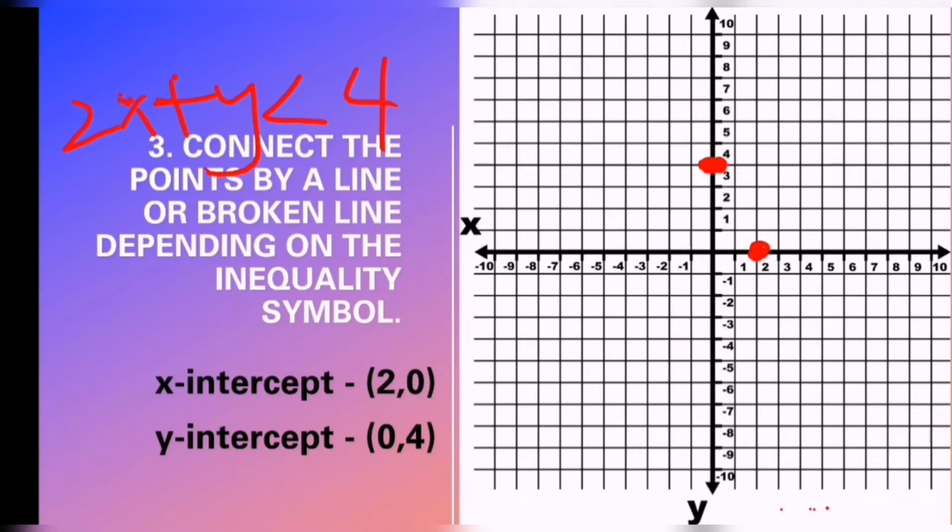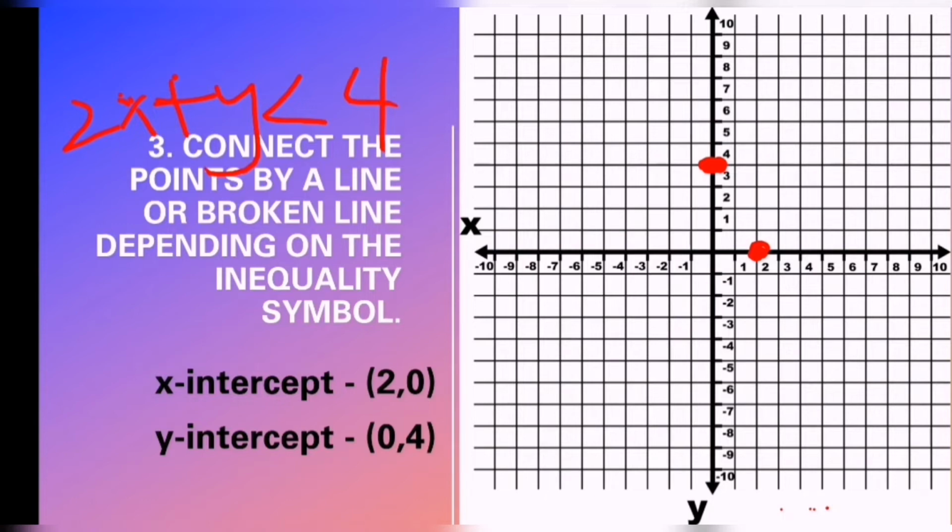Now, kapag ang symbol mo ay less than or greater than, ang gagamitin mong pang-connect sa points mo ay broken line. Kapag naman, ang inequality symbol mo ay less than or equal to, o kaya naman greater than or equal to, ang gagamitin mo ay solid line. Ano ang ibig sabihin noon? Ibig sabihin noon, kapag less than, ibig sabihin yung line ay hindi kasama sa solution. Kapag naman ang gamit mo ay merong equal to or solid line, ibig sabihin yung mismong line, yung points na nasa line ay kasama sa mismong solution.